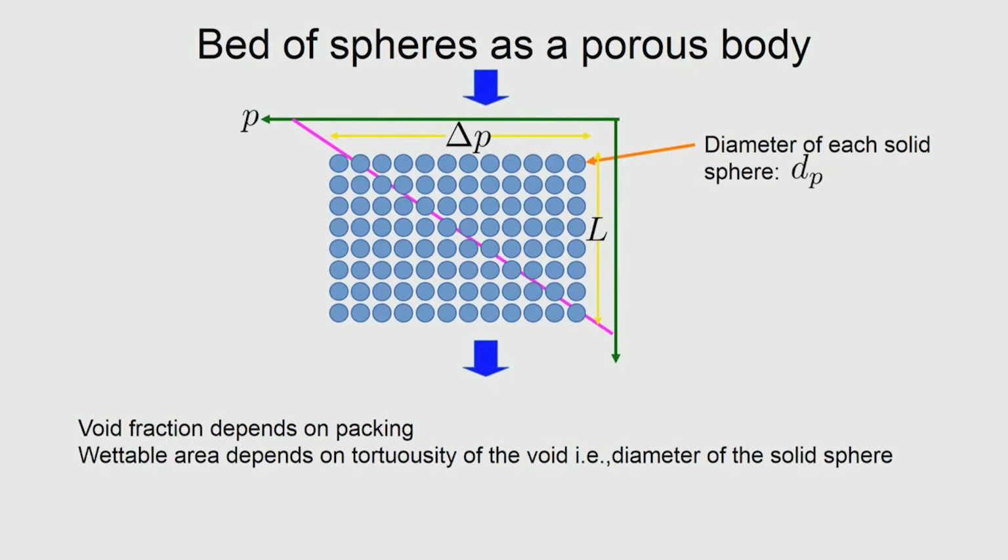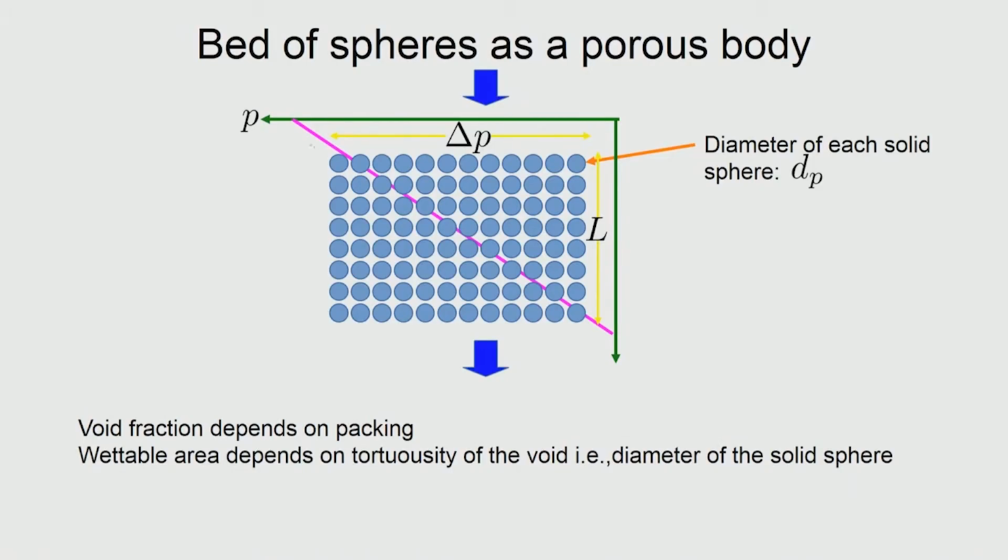Now, we can go ahead and apply the same concept to a bed of spheres that would act as a porous body. The only reason why we want to take it up is because we do have a simpler expression that can come out. So, the bed of spheres is depicted here. The pressure is high at the top surface and low at the bottom surface, and therefore the fluid flow will take place in this direction, and that is happening in the void spaces that are interconnected.